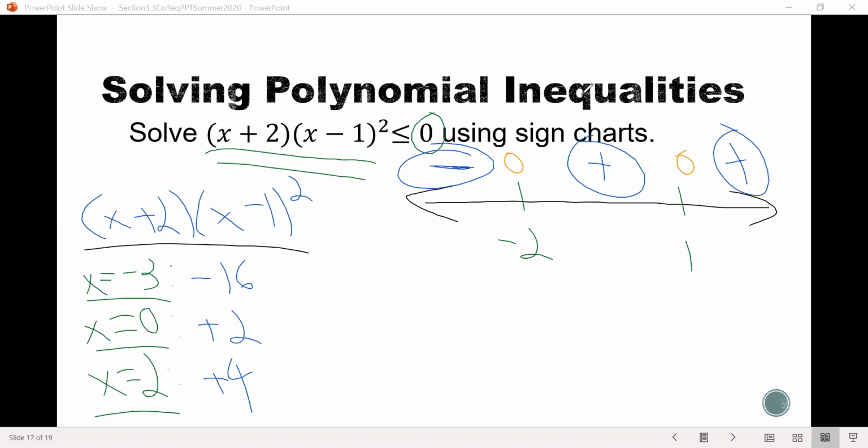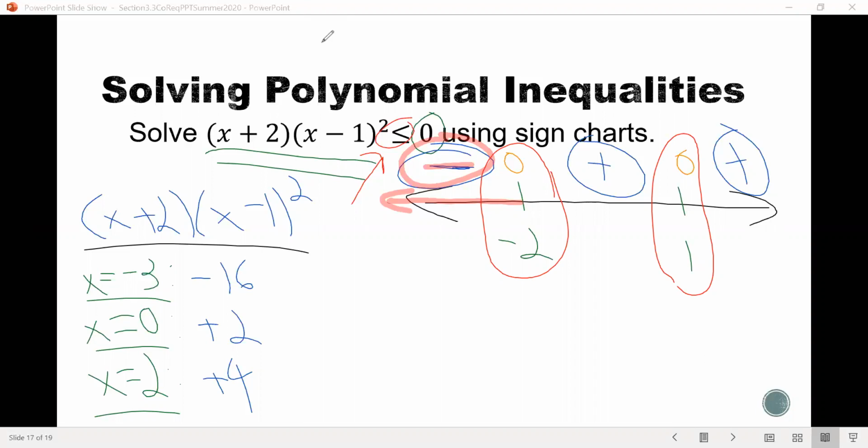All right, so now we're looking for where the function is less than or equal to 0. Notice first of all, we see that for all values less than -2 we have this negative sign here, so we know those are all possible solutions. But also note that the inequality says less than or equal to, so we're also looking at values where it's equal to 0, so that would also include -2 and 1.